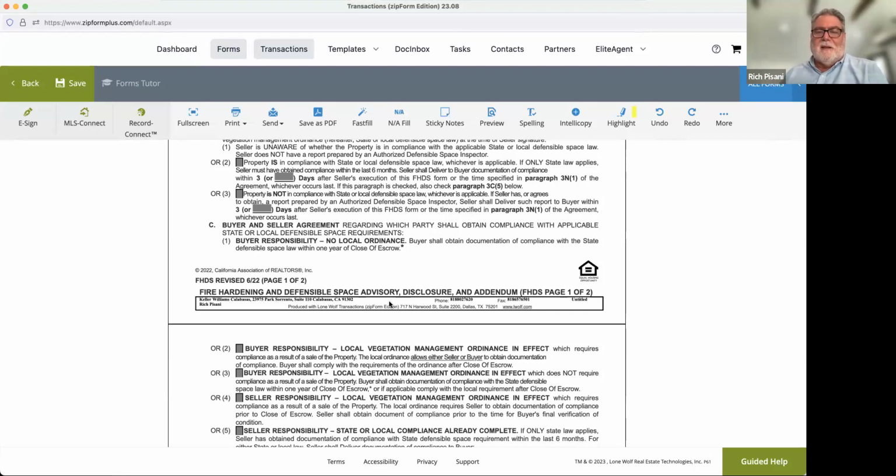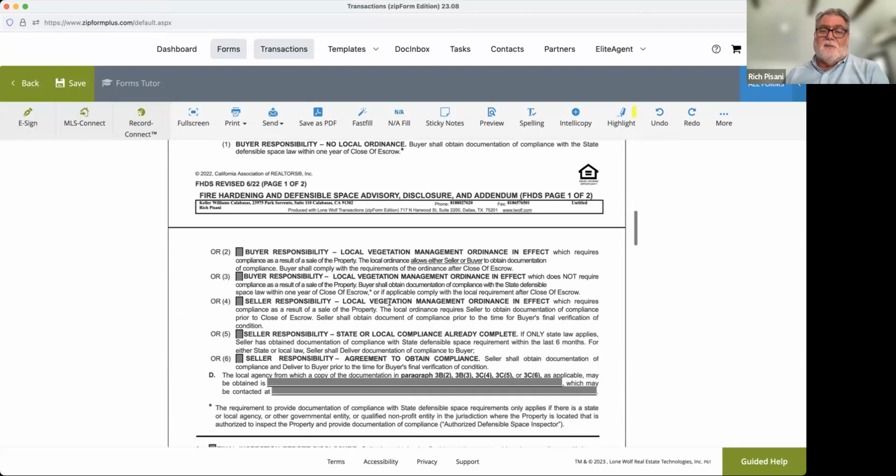Buyer shall obtain documentation of compliance with the state defensible space law within 1 year of close of escrow. So if the property has a local vegetation clearance ordinance and we know that there is no point of sale requirement, then three would be the option. It will never be the seller's responsibility unless the seller is agreeing to do this.